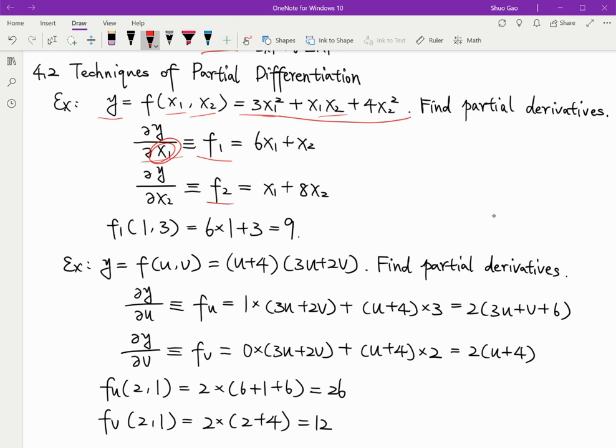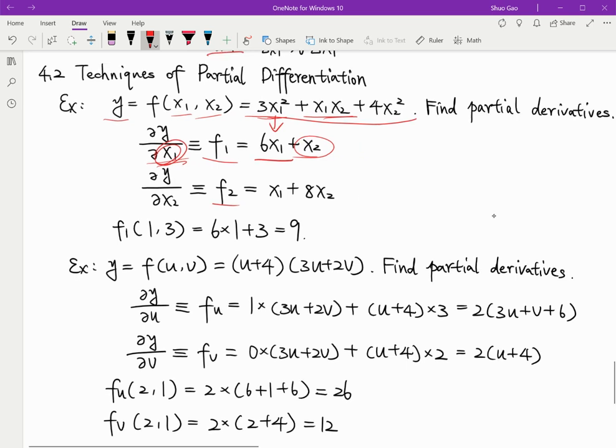So for example, the first term, 3x1 squared, the derivative is 6x1. And the second one is x1 times x2. But we are talking about the partial derivative with respect to x1. So we don't care about the x2. We just treat x2 as constant. So the derivative of x1 x2 is just x2, right?